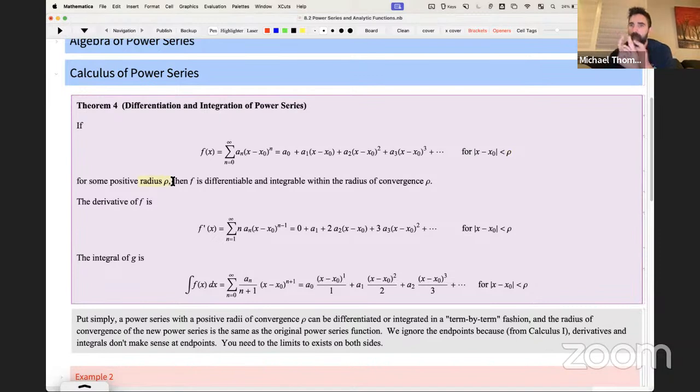You have to have some open interval, and once you have that interval, there's an infinite number of points in it, because you can always zoom in and make it look big. It's called a continuum. It's essentially a bunch of numbers packed together so tight that you can't even count them. All right, so let's say that we have that function with some positive radius of convergence rho.